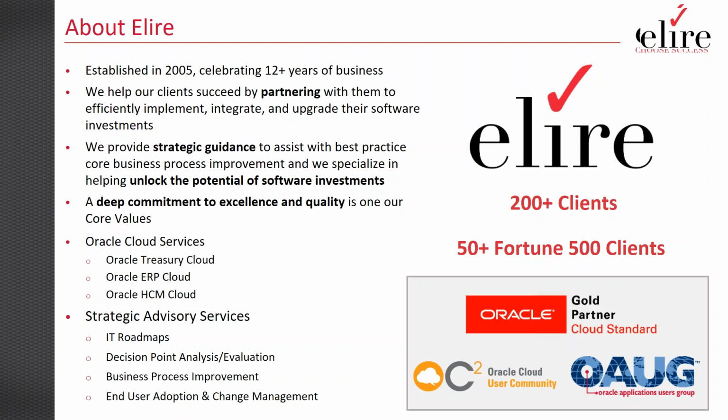We have a dedicated Oracle Treasury Cloud practice, which I think is highly unique in the space. We also offer more general services around Oracle ERP Cloud as well as Oracle HCM Cloud. And then we round that out with our strategic advisory services, where we can help you build a roadmap to move from your current solution today to the cloud.